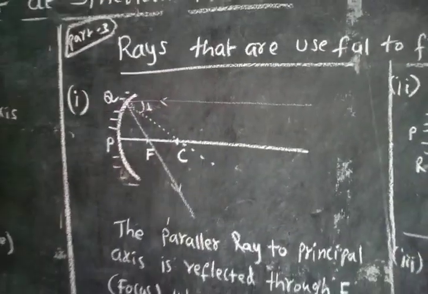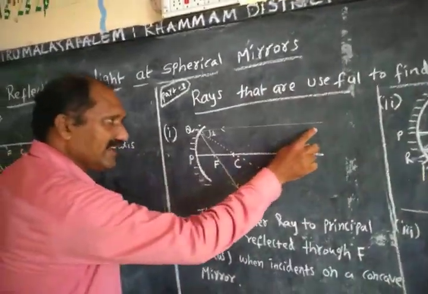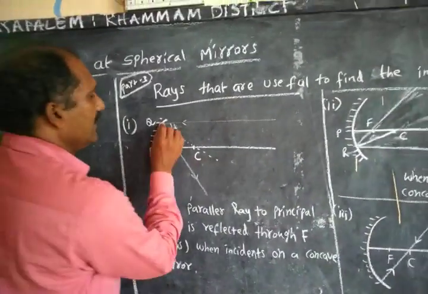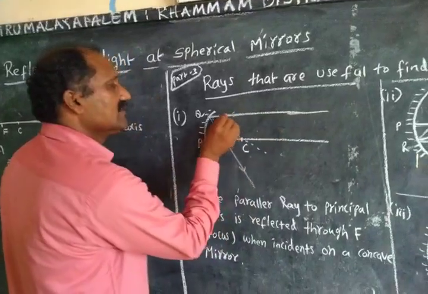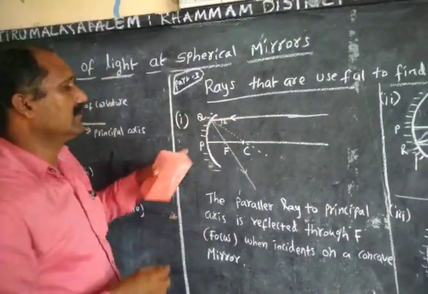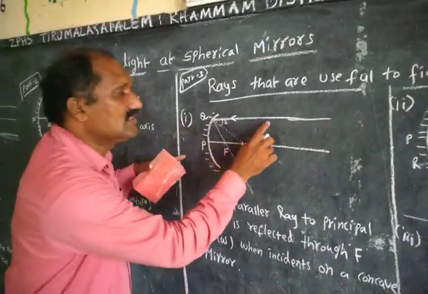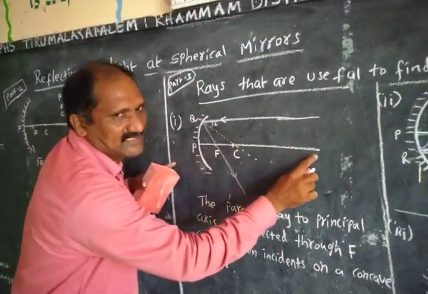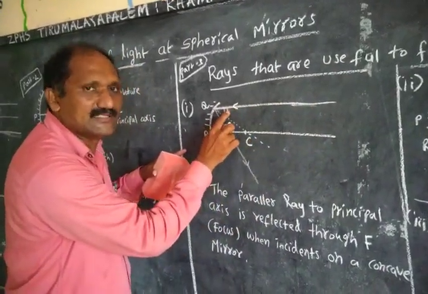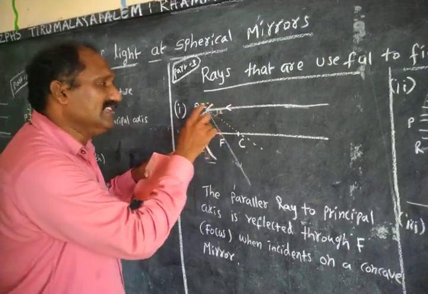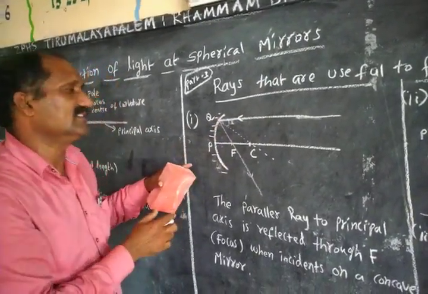Now, if a ray incident on a concave mirror is parallel to the principal axis, how does it reflect?